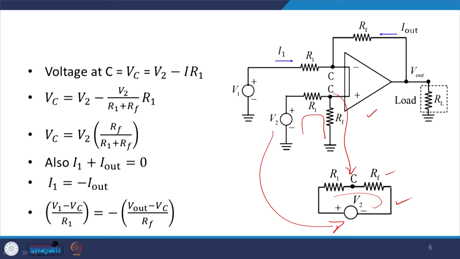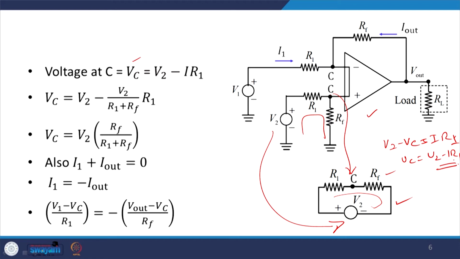The voltage at C, Vc, is basically V2 minus I R1, because V2 minus Vc is I into R1. So you have Vc equal to V2 minus I R1.